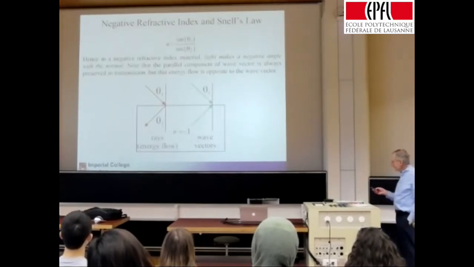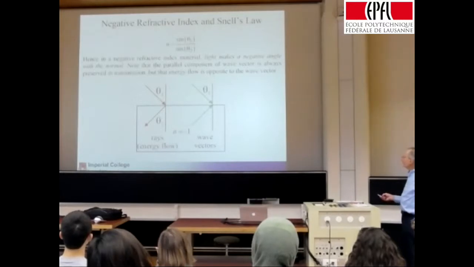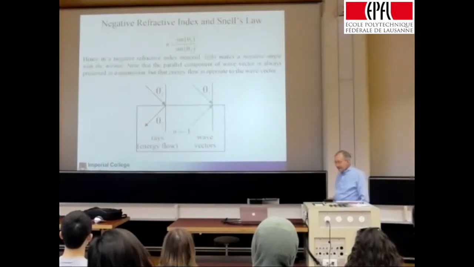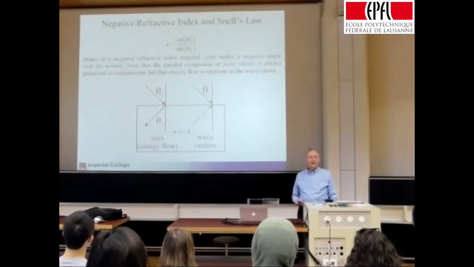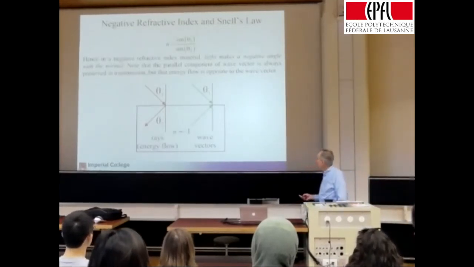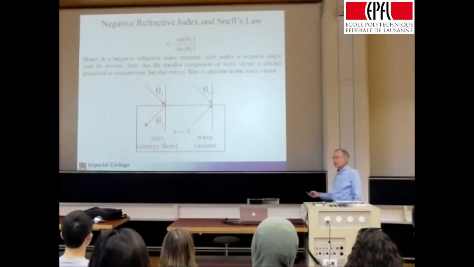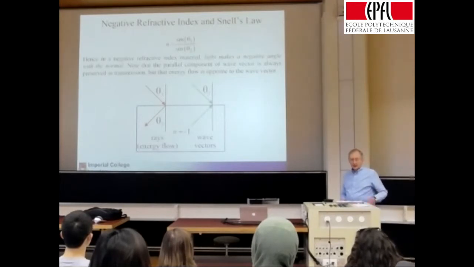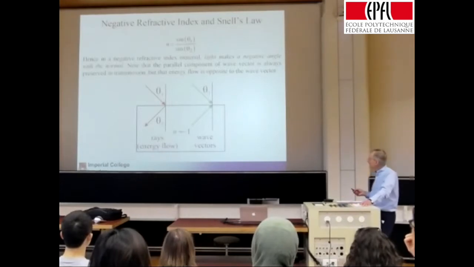But right at the beginning, you can see that there's something rather curious about negative refraction, because what I've drawn here is a ray picture. So if I have a Gaussian beam that comes in and it's negatively refracted, this is where the energy goes. But there's a very, very strong law in physics which says if you have a flat surface which is translationally invariant, then there's a conserved quantity corresponding to that invariance, which is mathematically derived from group theory.